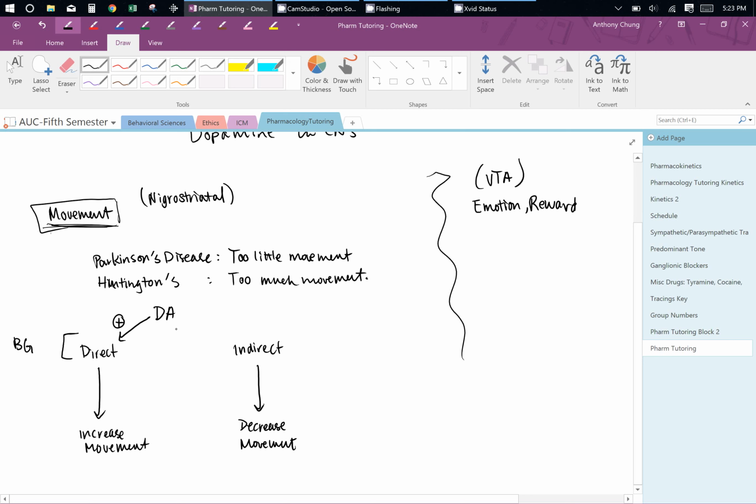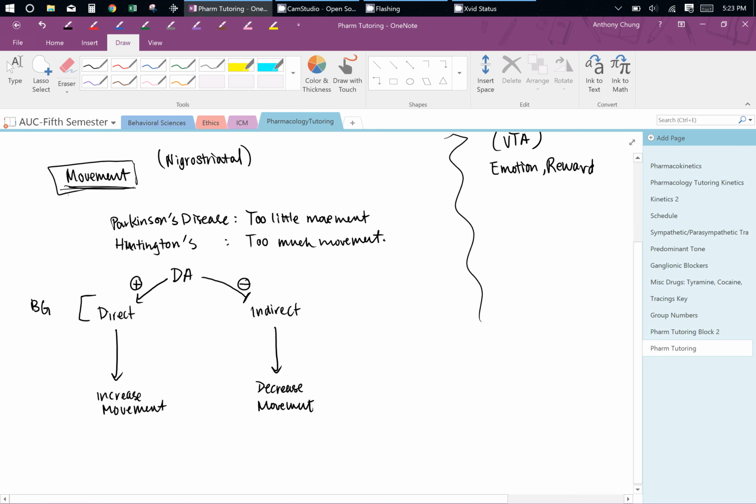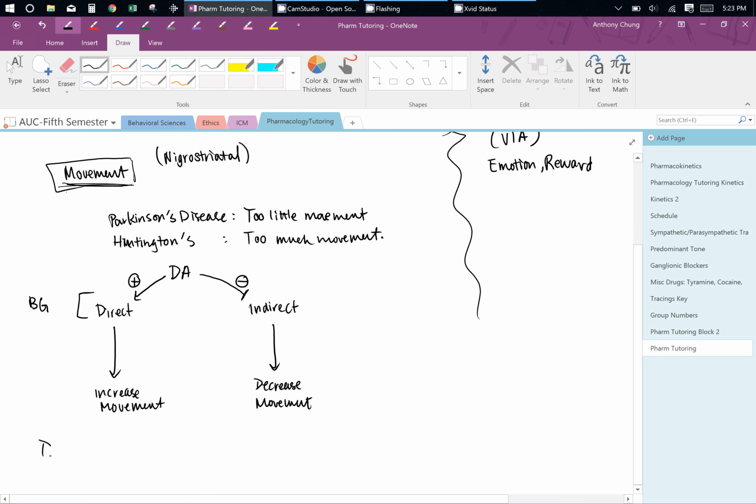If you increase the direct pathway, the end result is you have more movement. And what it does to the indirect pathway is inhibit it. When you inhibit the indirect pathway, you're inhibiting the decrease of movement. So the end result is dopamine will give you more movement.